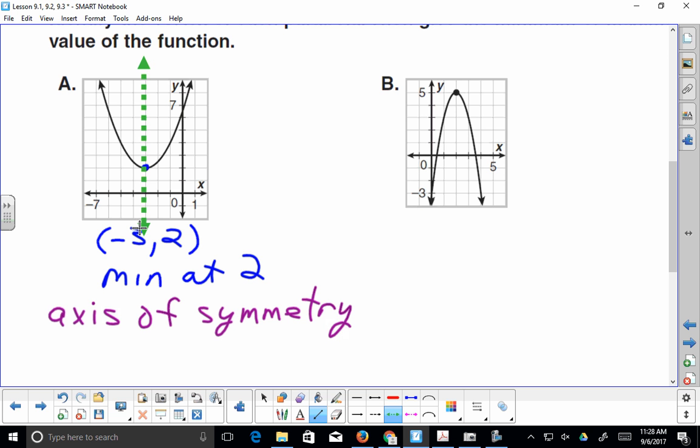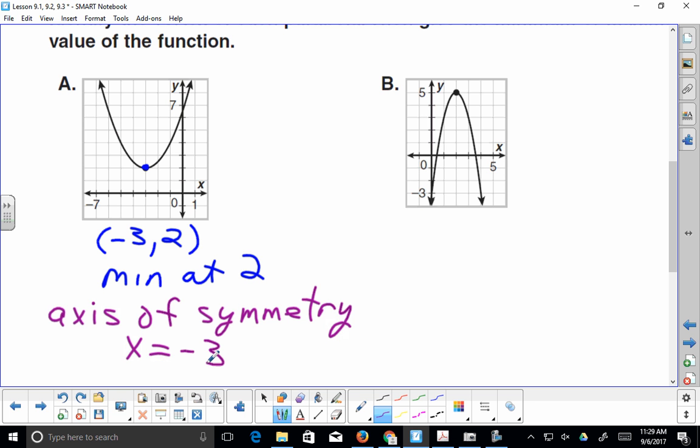And it goes through the vertex, and it specifically goes with which part of the vertex? Okay. You did this a little bit yesterday, but what is it? It goes through the vertex, so the axis of symmetry in this case is x equals negative 3. All right. So with the vertex, the x value is the value for the axis of symmetry. The y value is the value for the min or the max.